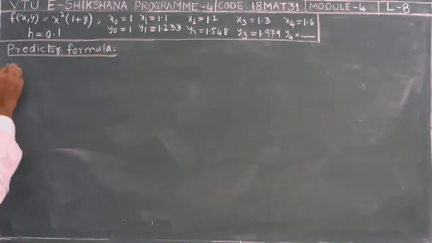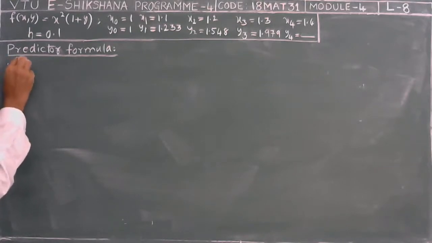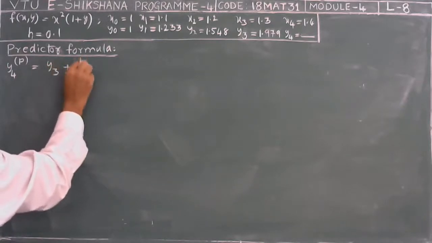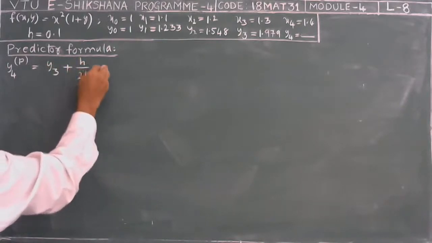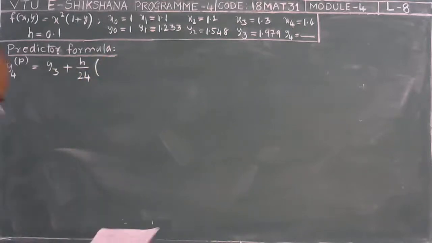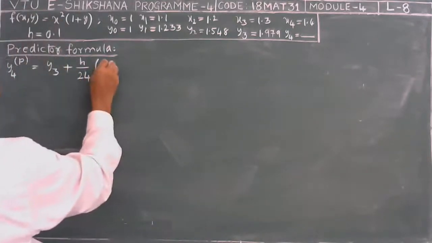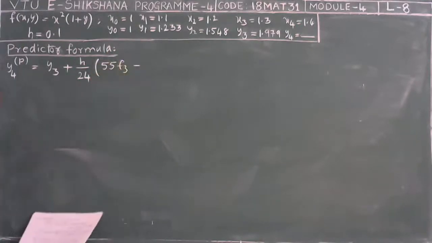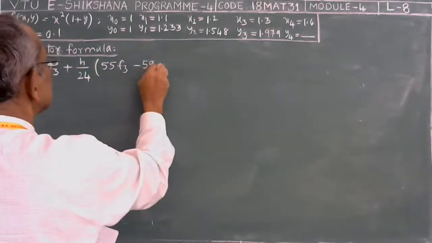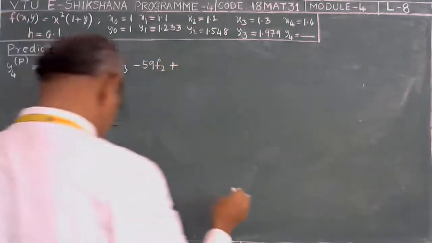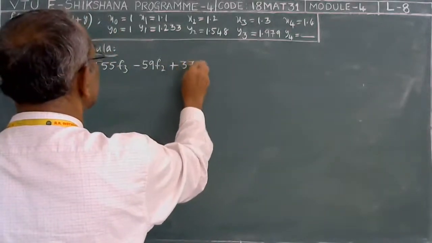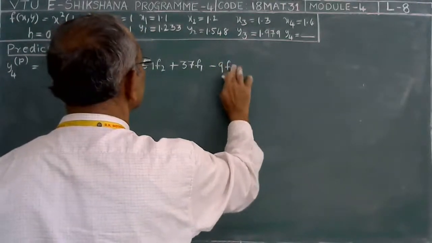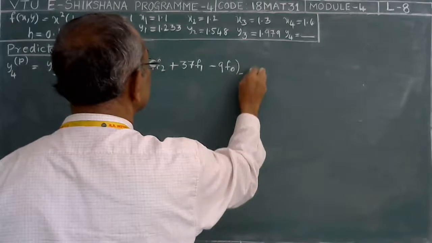That is given by y4 p is equal to y3 plus h divided by 24 into 55f3 minus 59f2 plus 37f1 minus 9f0. Call this equation 1.